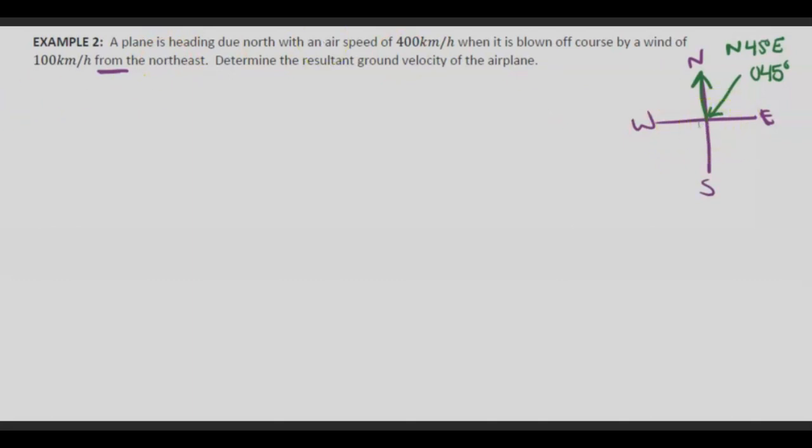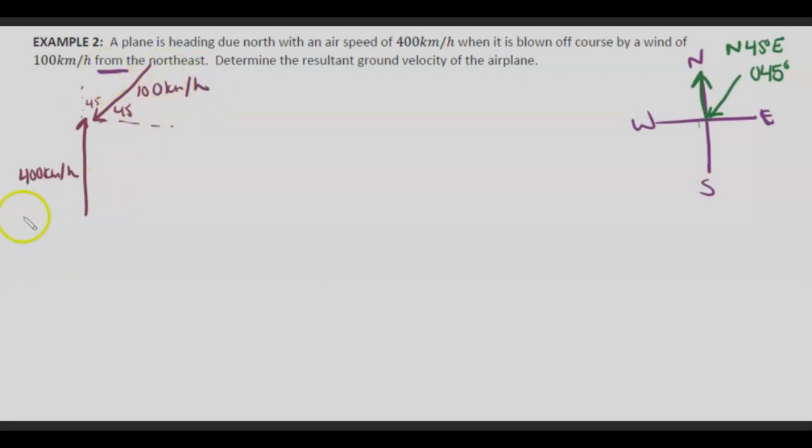The thing is, it's coming from the northeast. So if we were to draw this, we would draw 400 kilometers per hour, and then we'd have the wind coming from the northeast, so this being 45, this also being 45, and that one would be 100 kilometers per hour.